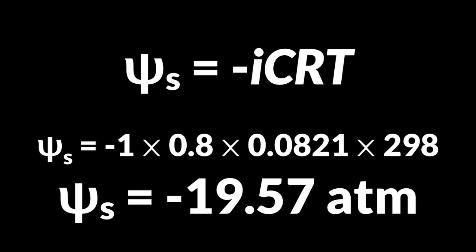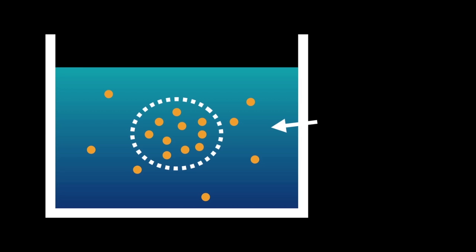Multiplying these out, we get negative 19.57 atmospheres of pressure. Water potential, solute potential and pressure potential are all measured in pressure, such as atmospheres, pascals or megapascals. For these examples we're going to be using atmospheres. So the solute potential here is negative 19.57 atmospheres.